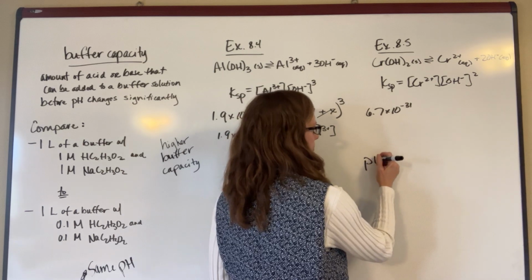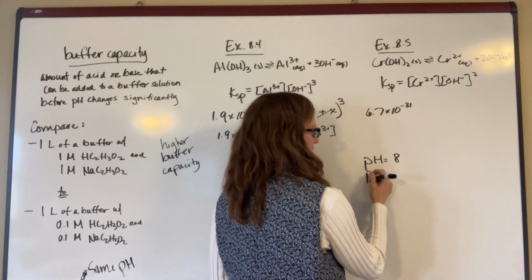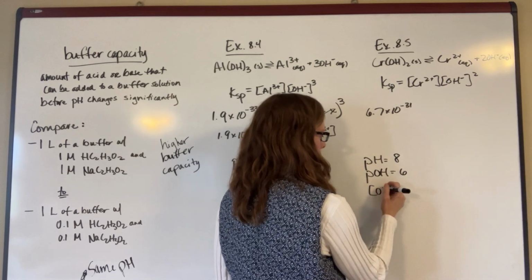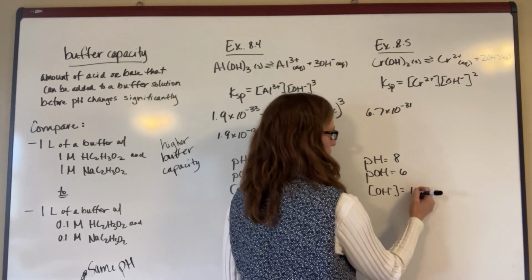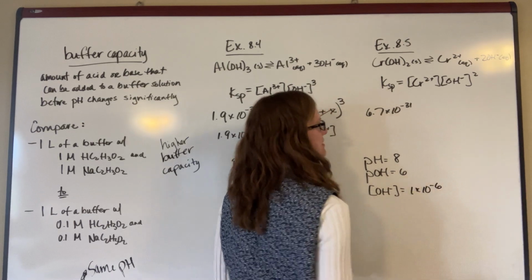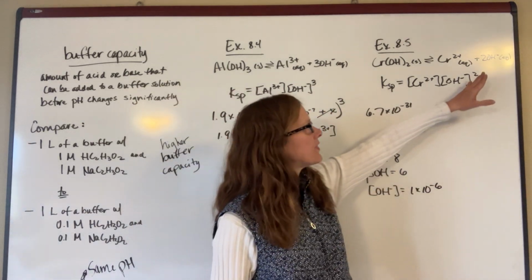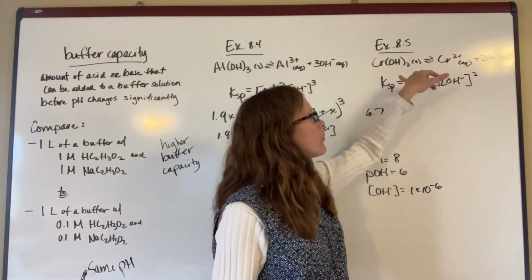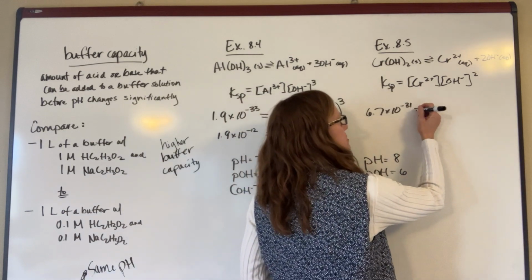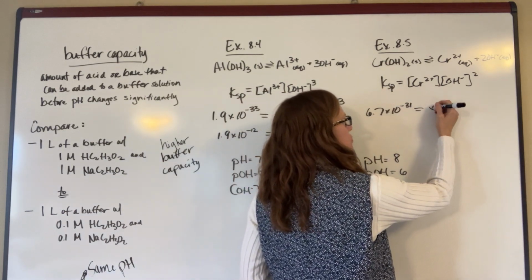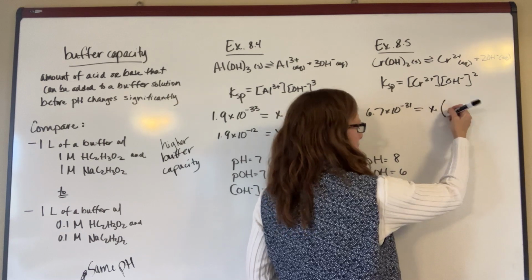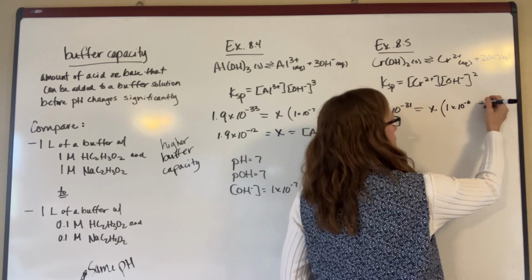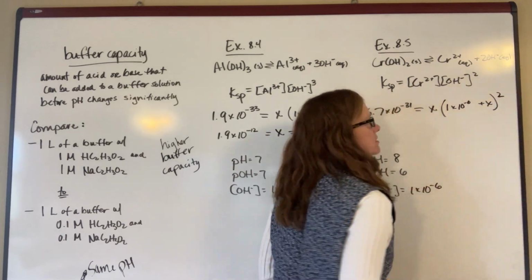If I have a pH of 8, that's going to be a pOH of 6. And so therefore, my hydroxide ion concentration is going to be 1 times 10 to the minus 6. And so that's what the hydroxide ion is going to start out at initially, even before anything would start dissolving. So just like before, my chromium ion concentration is going to be x. My hydroxide ion concentration is going to be 1 times 10 to the minus 6th plus x. And that whole thing has to be squared.